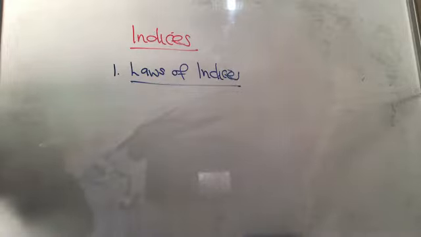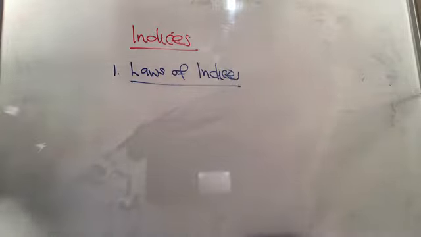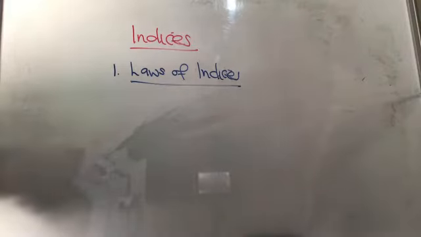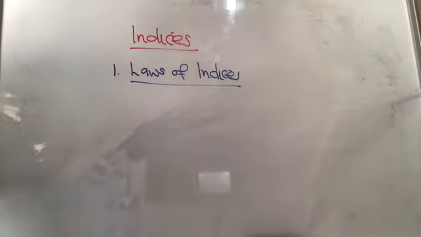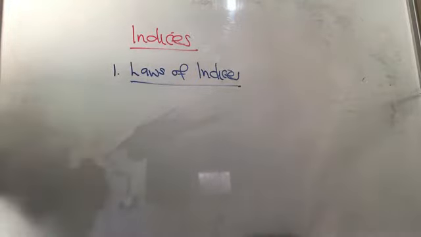A mathematical law is a statement that is irrevocable, meaning it cannot be changed. The laws that I'm about to teach you here cannot be changed, be it in ZIMSEC, in Cambridge, or in Oxford. The laws are the same. As long as it's mathematics, the laws are the same as far as laws of indices are concerned.